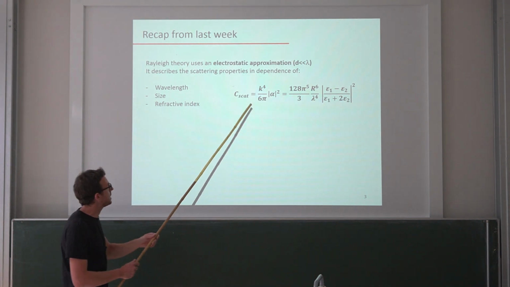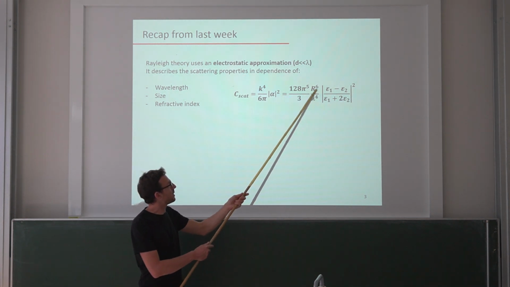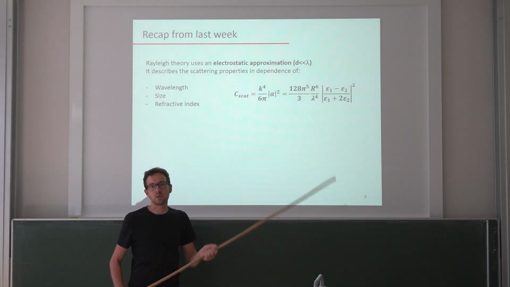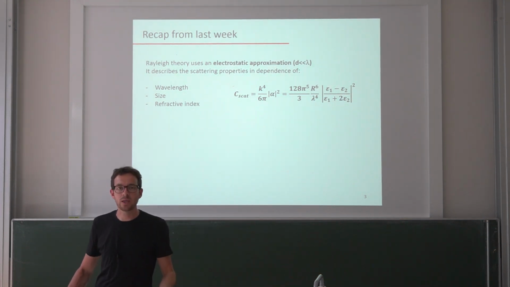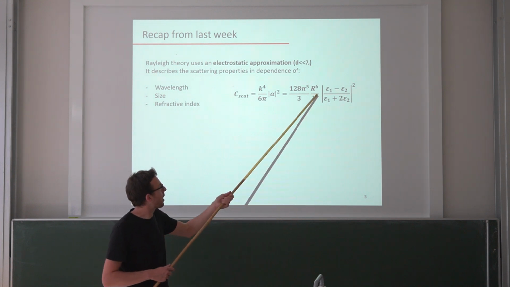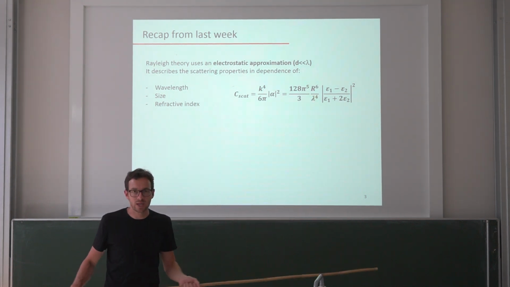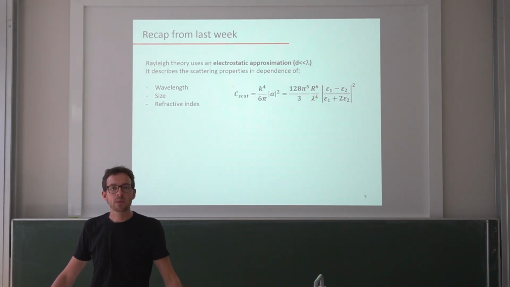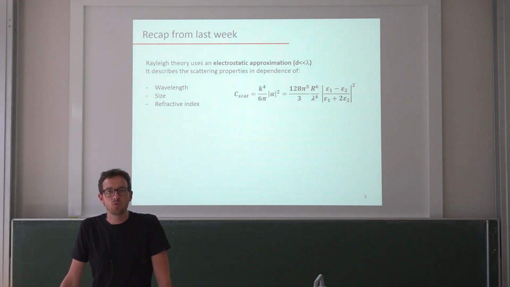Importantly, again, we see this dependence on lambda, which is the wavelength of the incoming light, as the power of minus 4. The scattering efficiency goes with 1 over lambda to the power of 4. This is the key trademark, if you want, fingerprint of Rayleigh scattering.